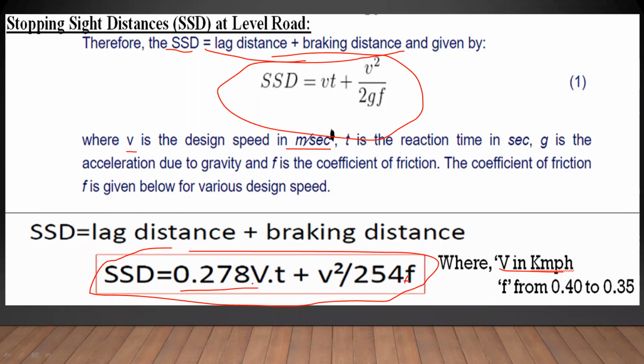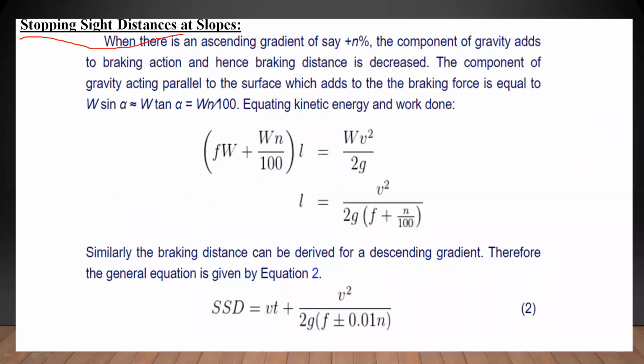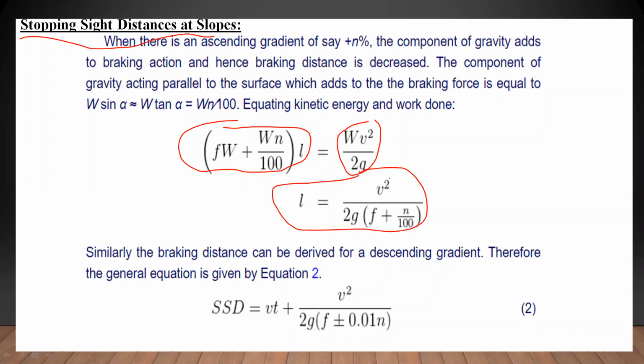Next, stopping sight distance at slopes, which the numerical examples also have discussed. So this left hand side is completely the work done by the vehicle for stopping, and this is kinetic energy of the vehicle. So by solving this, you will get the braking distance: small v square divided by 2g into f plus or minus n divided by 100.